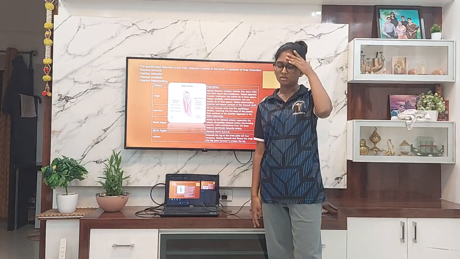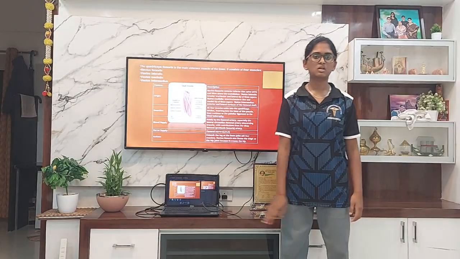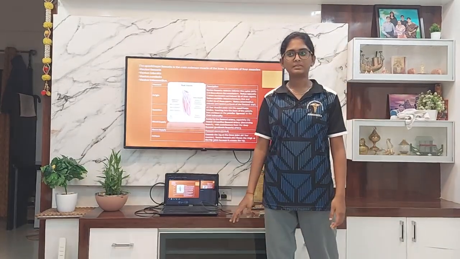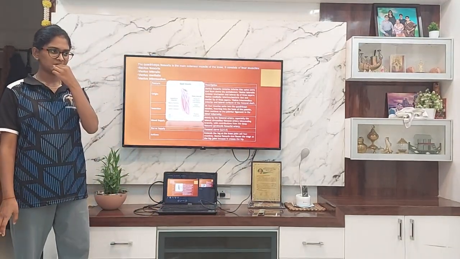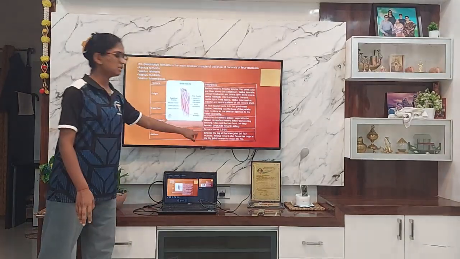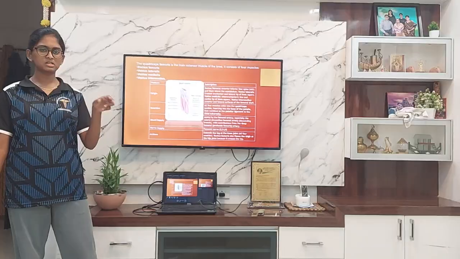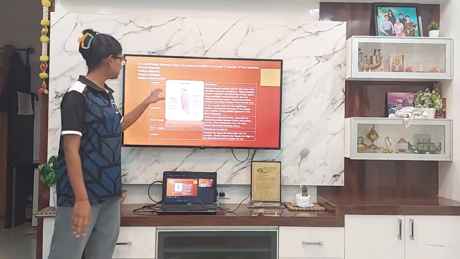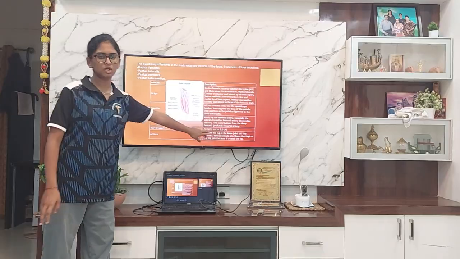The blood supply will be femoral artery, lateral circumflex femoral artery, and deep femoral artery, that is profunda femoris. Then the blood supply is carried over. Afterwards is the nerve supply. The nerve supply of the quadriceps femoris is the femoral nerve, that is L2 to L4.